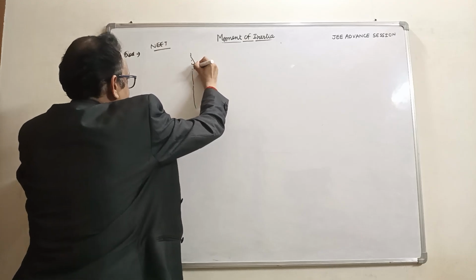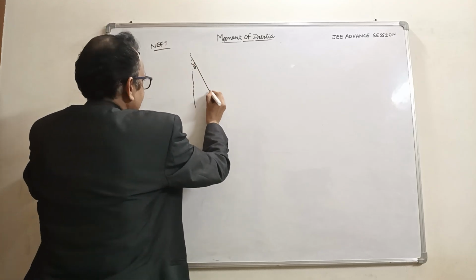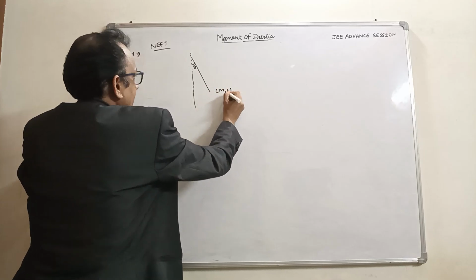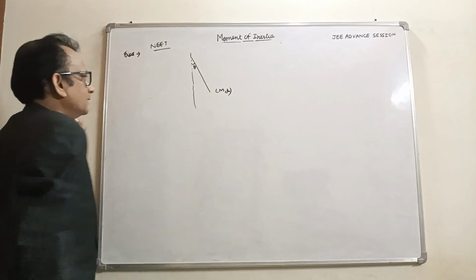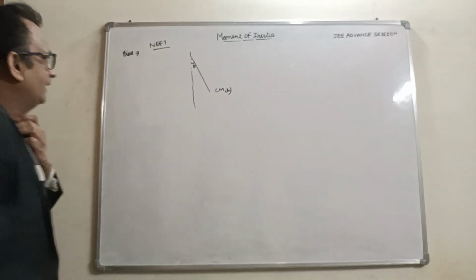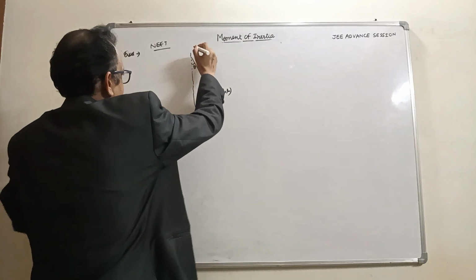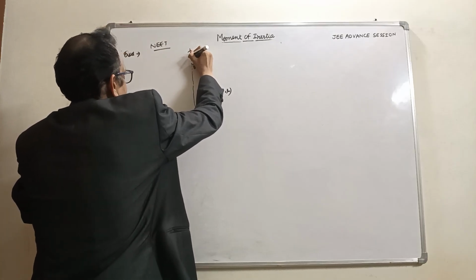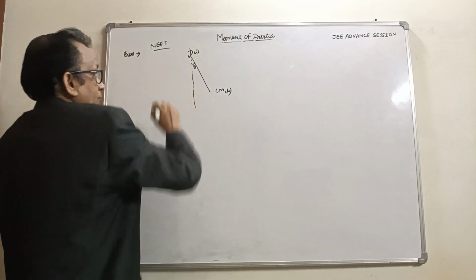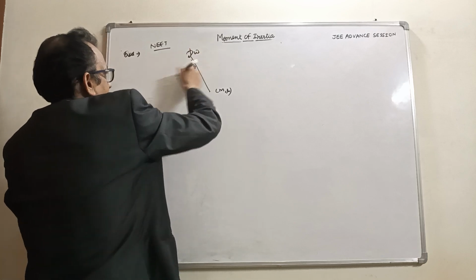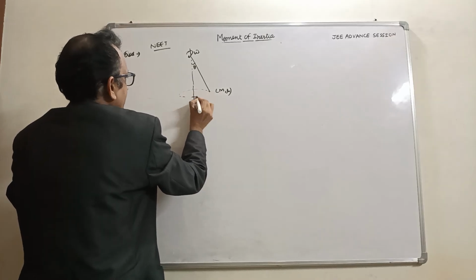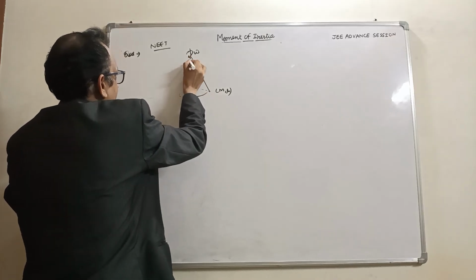This rod is making angle theta with the vertical axis. This rod has mass m and length small l. We have to find, when the rod is rotating about this axis with angular velocity omega, this rod forms a conical loop here.